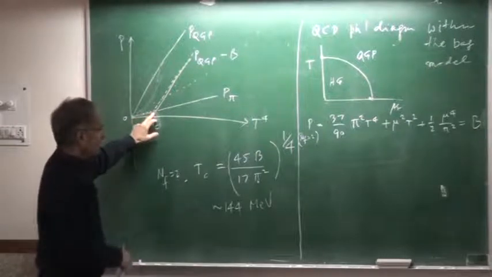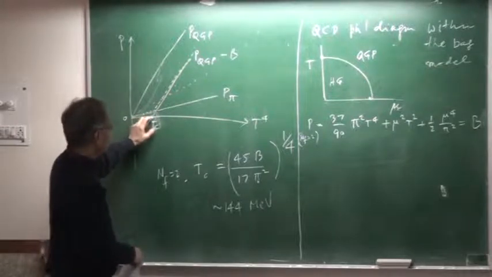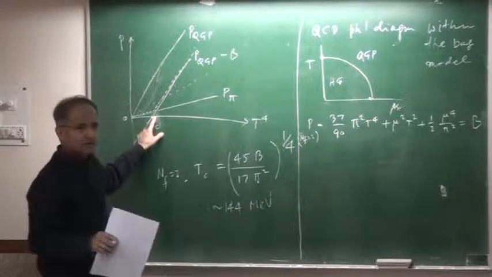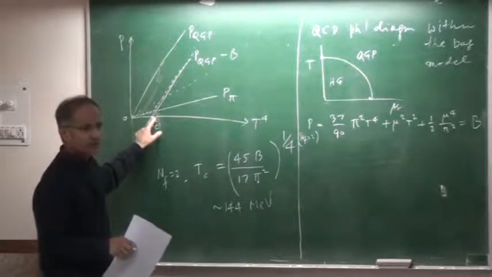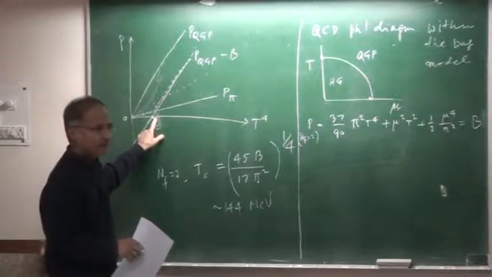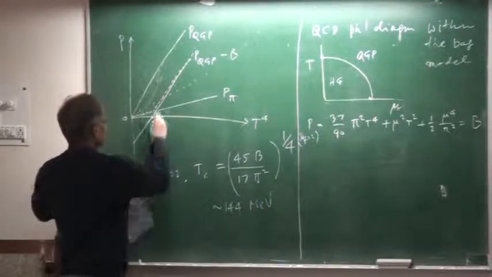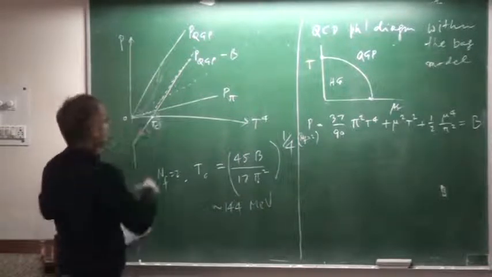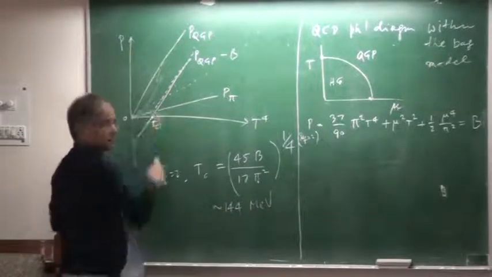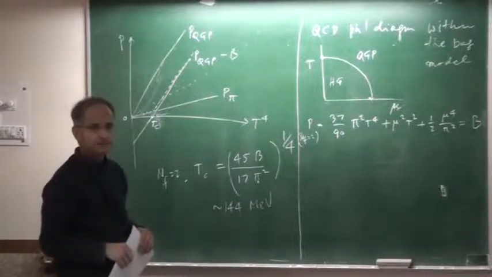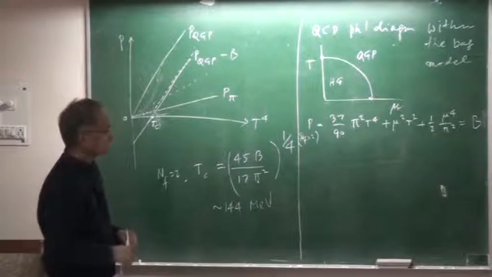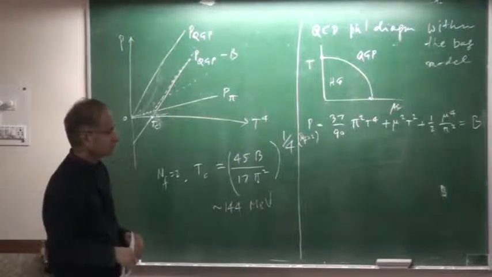Yeah, like your earlier TC was right, I think. But the point is, I think one should draw it to scale and see how far these two points are from each other. I think this curve's slope is very small, and those two points are very close. In this approximate description, it doesn't really matter, because if on the right hand side you put in the pion gas, the only difference would be that 37 will become 34.